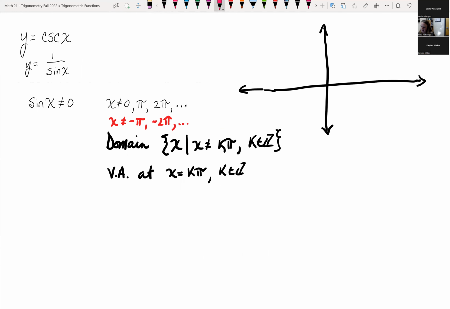And so if we're graphing sine of x, recall, it started at the origin. We labeled our values where we're cutting it into sections of quarters of a period, and a period is 2 pi. So we had pi halves, pi, 3 pi halves, and that gave us 1 period.